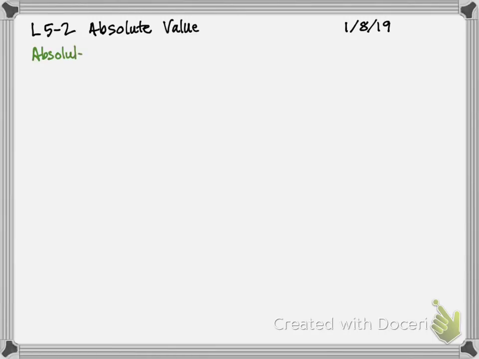So, absolute value. All this talks about is the distance a value is from zero. If you think about it, if I'm going to use a measuring tape to measure anything, I never see negative numbers.